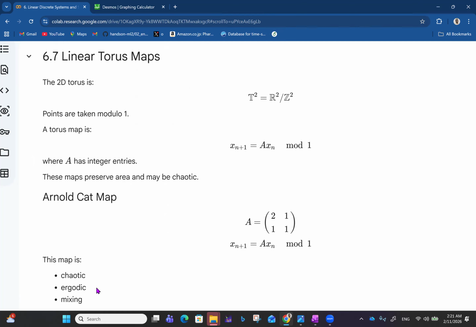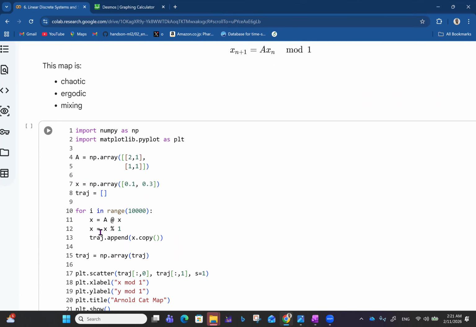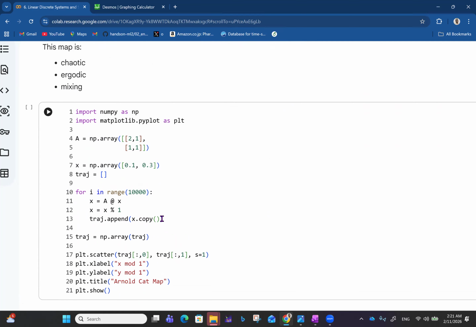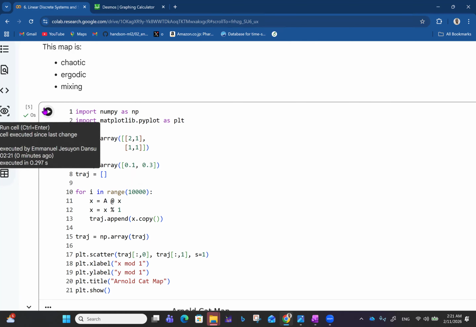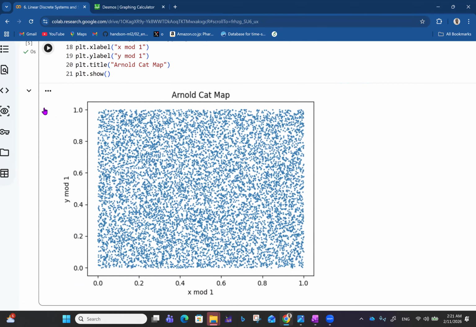In the same way, if there are 1,000 coins and you toss them at once, you're also going to get the same thing. That's the idea of ergodicity. Then you also have the idea of mixing in the case of the Arnold cat map, which can be represented here with that 2, 1, 1, 1. We can see the x mod 1, y mod 1 thing, and then it gives us this picture of the Arnold cat map, with x mod 1 here and y mod 1 on this other side.